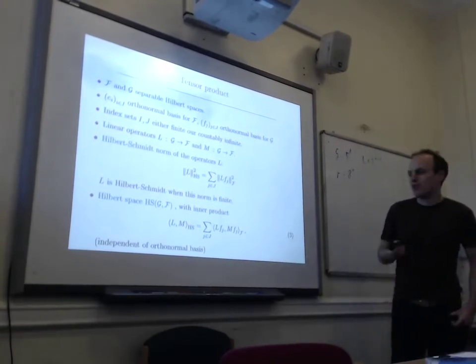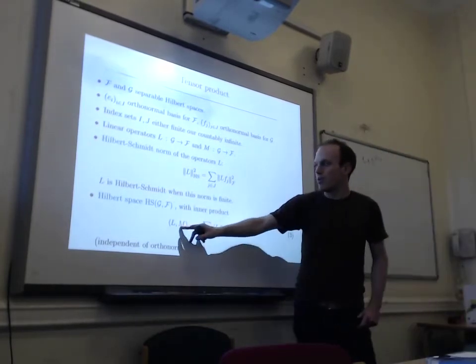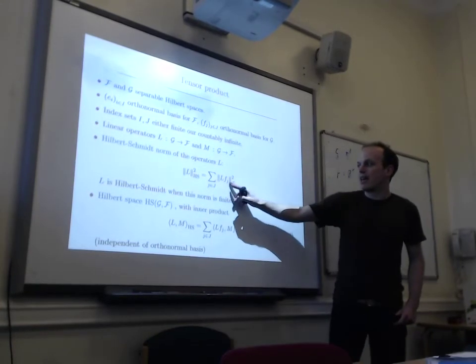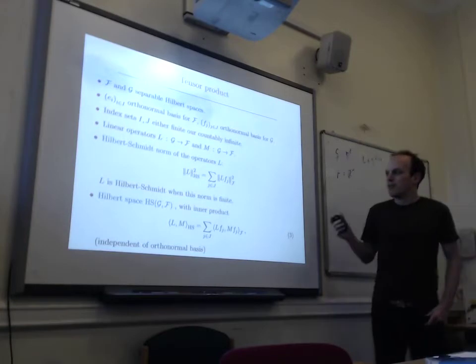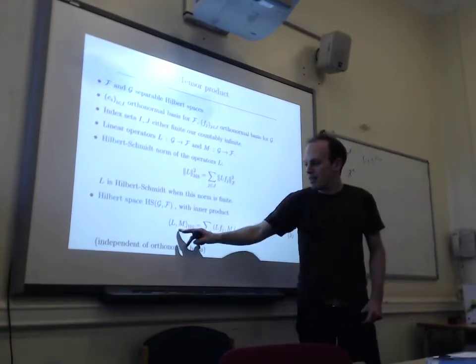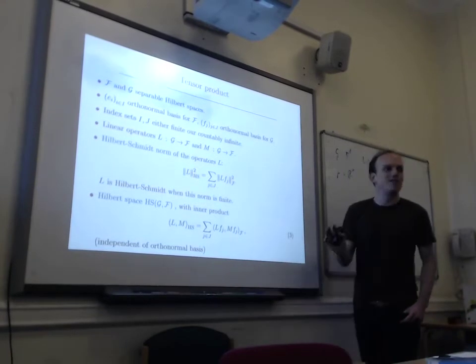And you can do a little bit of algebra and show that if you take the inner product of L with itself, you get exactly back this norm here. So my covariance operator is going to be an object in this space. It's going to have this inner product and this norm, okay?